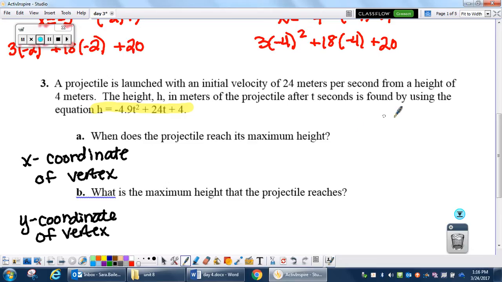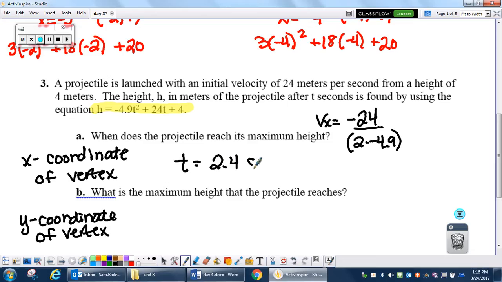So the opposite of b would be negative 24. So this is me finding the x-coordinate over 2 times negative 4.9. And that's going to be about 2.4 seconds. So hopefully you keyed that in and can double check.